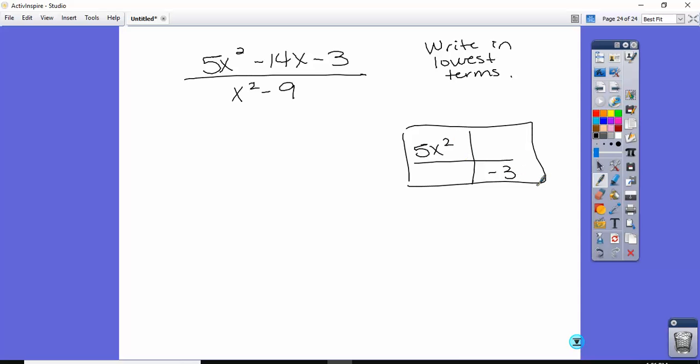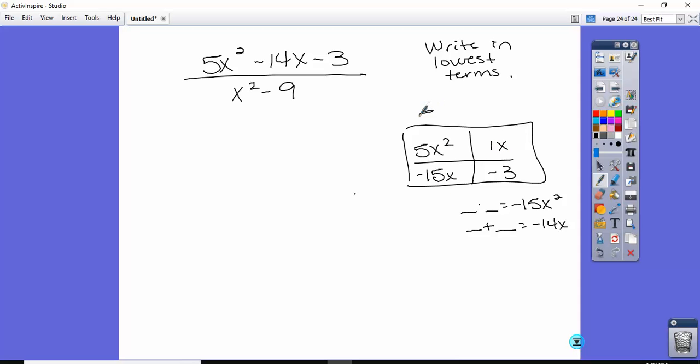All right, if I multiply those, 5 times -3, I need two numbers that multiply to a negative 15, and they have to add to a negative 14. Yeah, negative 15x and positive 1x.